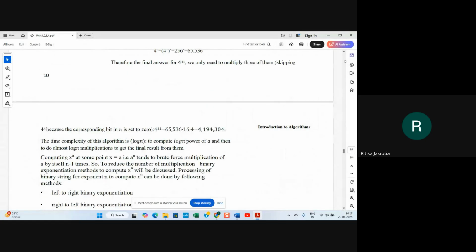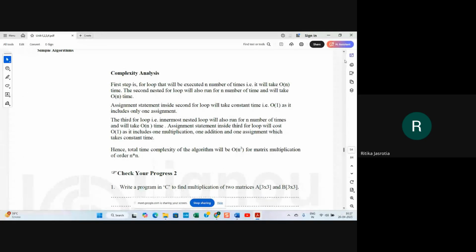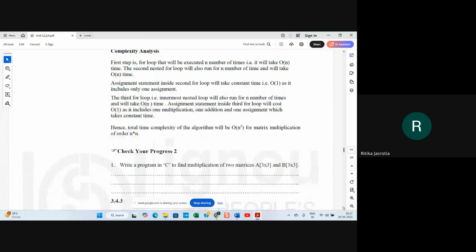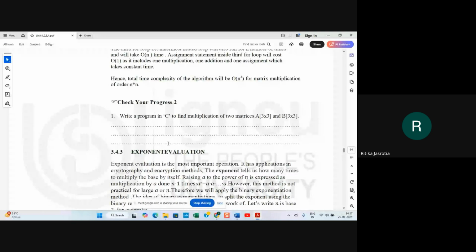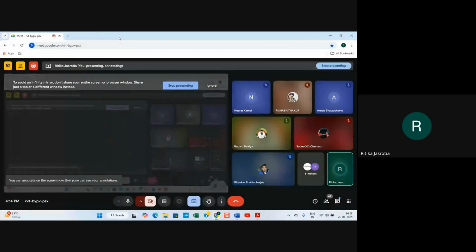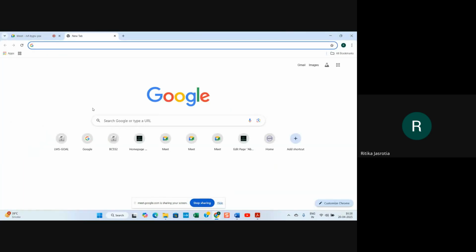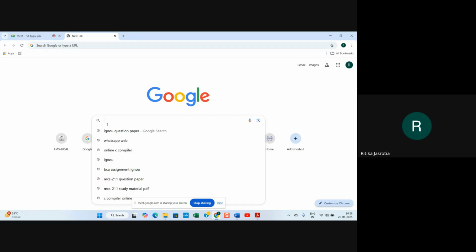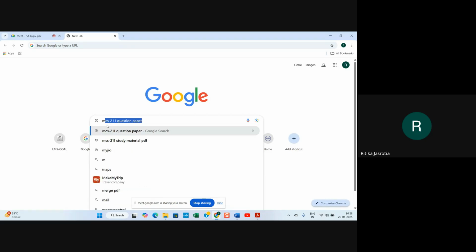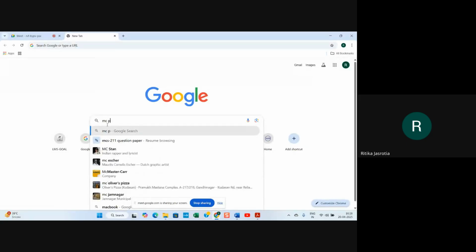Now what they are doing is, here they are saying write a program in C to find multiplication of two matrices. So if you want to see it, you can go for any online compiler, or you just search for a C program.